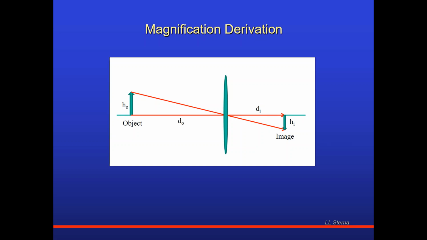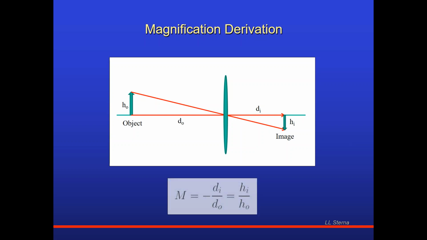Now, what you see here is you have two similar triangles. Since they're similar triangles, we would say the horizontal sides, the ratio DI to DO, should be the same as the ratio of the vertical sides, HI to HO. That's the magnification.